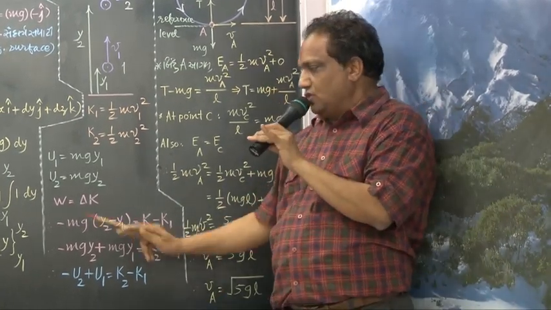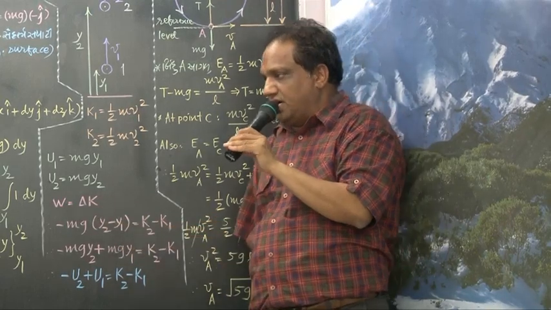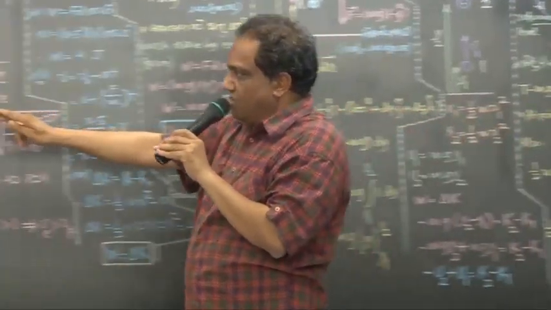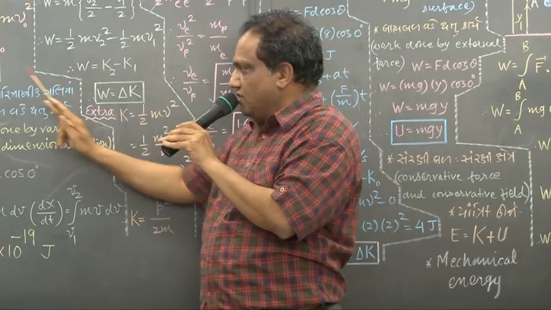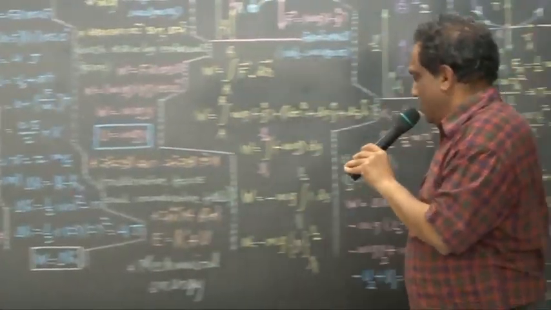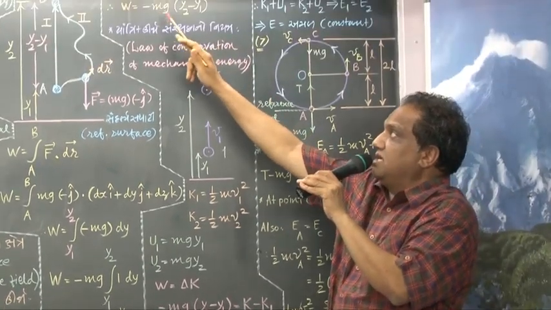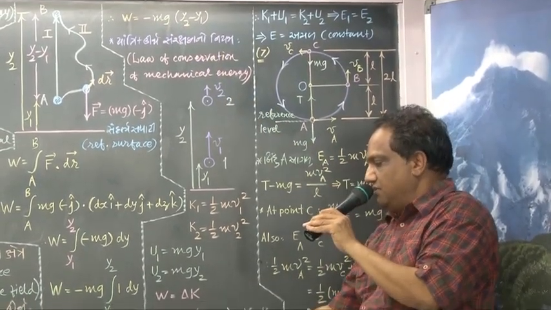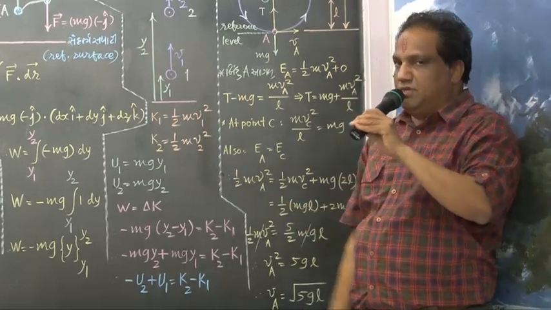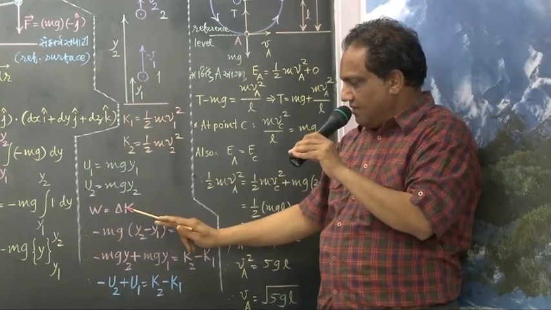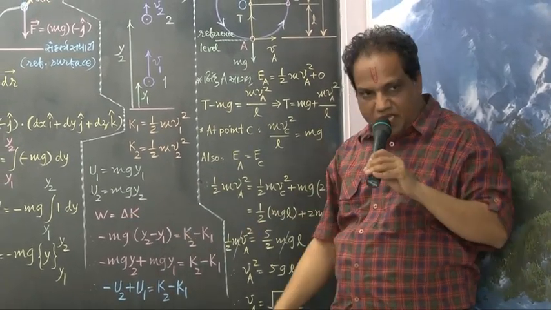Fine. Use the work energy theorem. W equals delta K. We have obtained the same result two times. What is the work done by the gravitational force acting on this body? Just now we obtained minus mg into (y2 minus y1). That equals the change in kinetic energy.